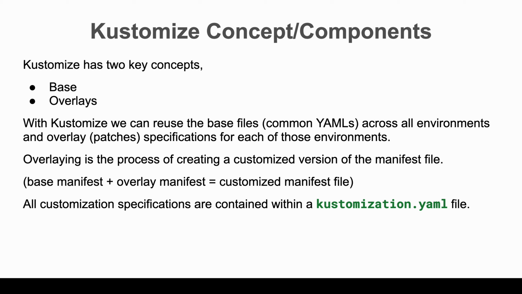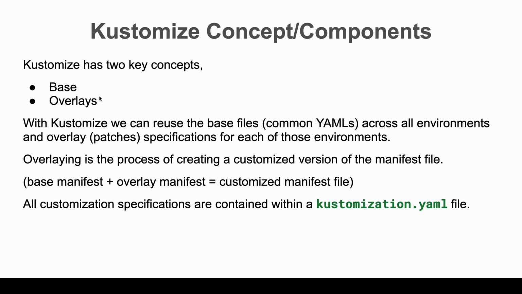So let us understand the concepts and the components which play as the backbone of Kustomize. Kustomize has two key concepts. One is base and another is overlays. You can consider that base is a location or a directory where you have stored or saved your manifest file, and for the environments or the clusters you have, they are just using some of the fields customized specifically for the cluster or the environment.